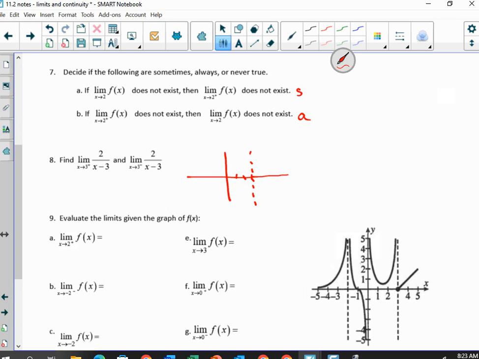So from the right, what would you tell me? Remember, we have to do both: that's infinity and does not exist. What about 3 from the left? Negative infinity, does not exist. Because remember, infinity is not a defined value.